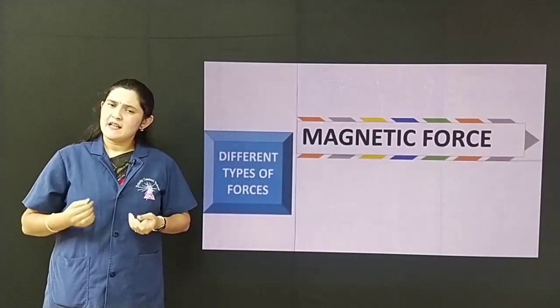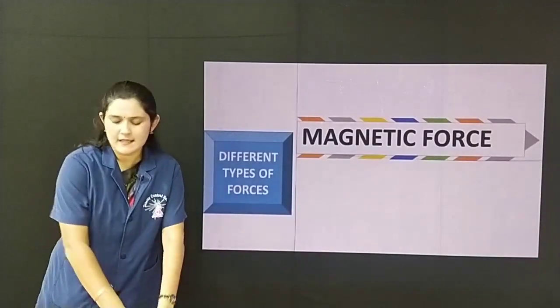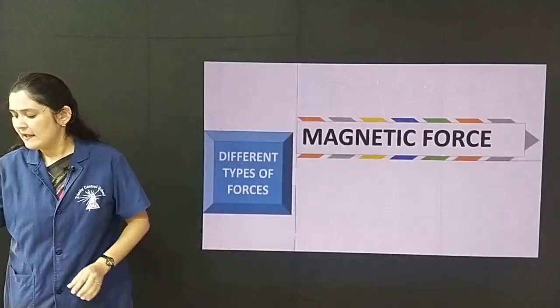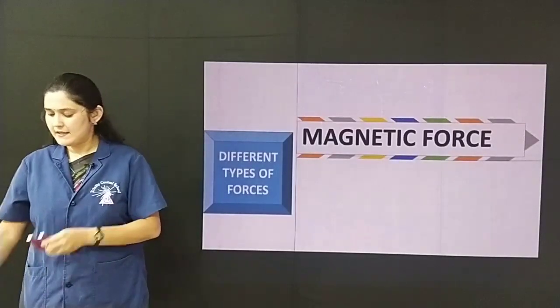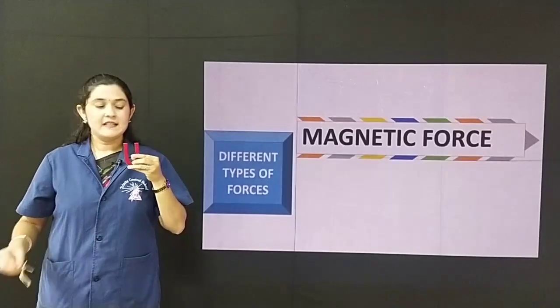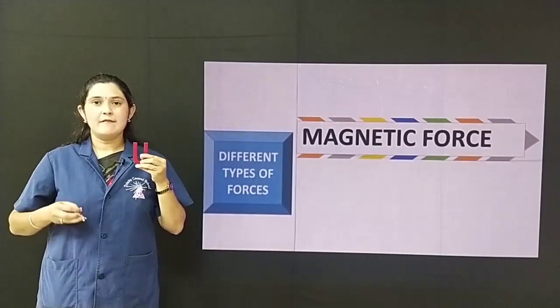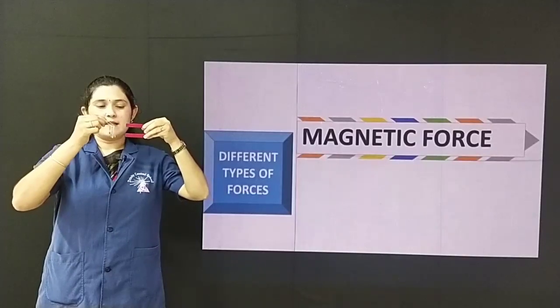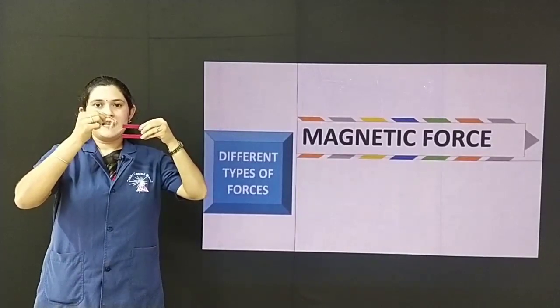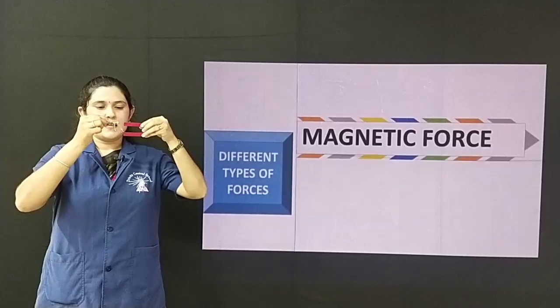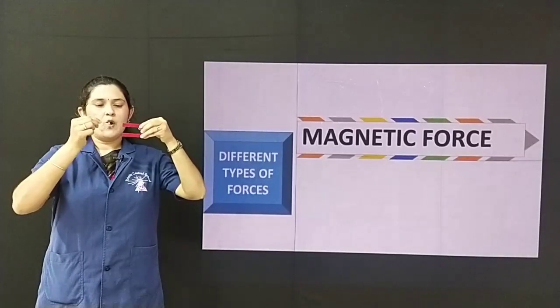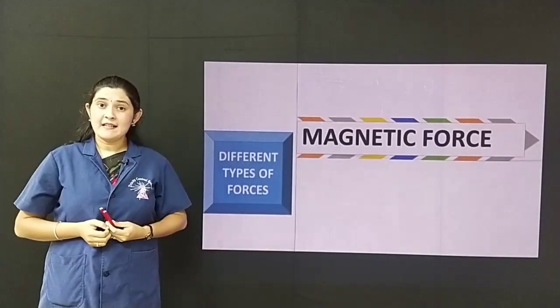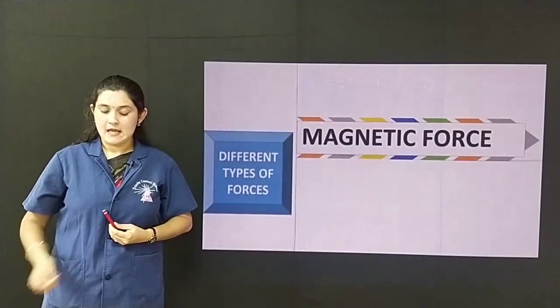What about any other objects? Let us see. Here I have another magnet, and here I have safety pins. When I bring the safety pins near the magnet, they attract. You can see it here. So the magnet attracts metals.